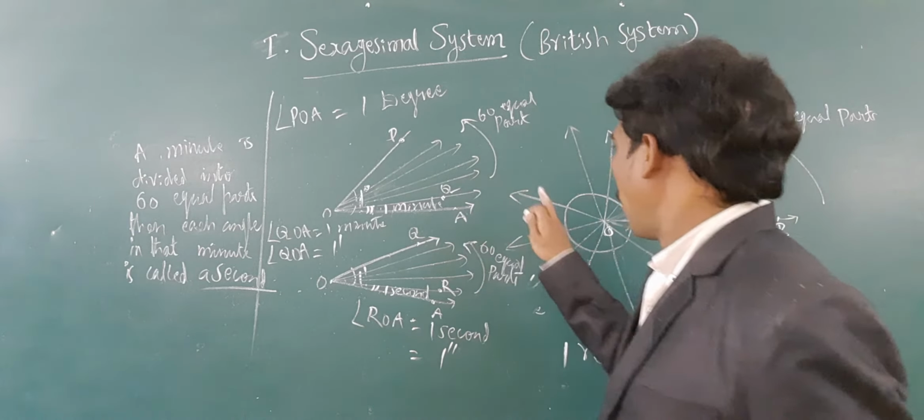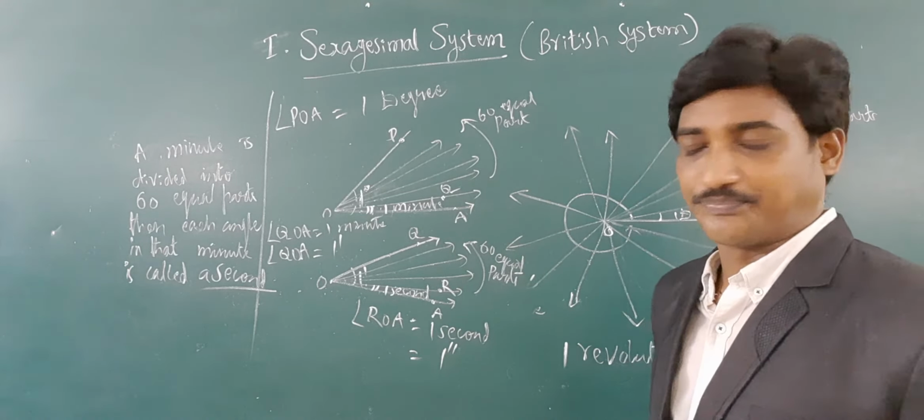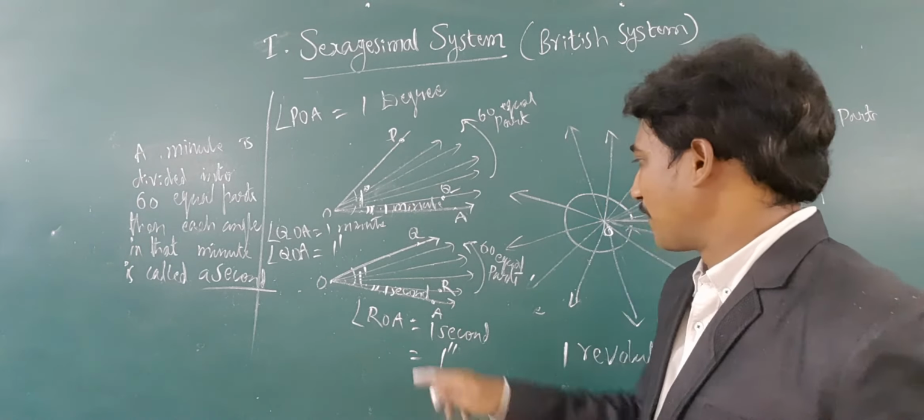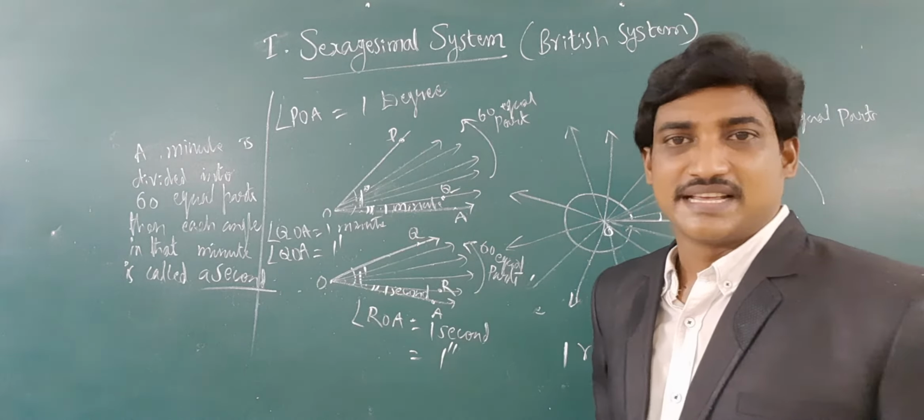Here, one whole angle is 360 degrees. 1 degree is equal to 60 minutes. 1 minute is equal to 60 seconds.